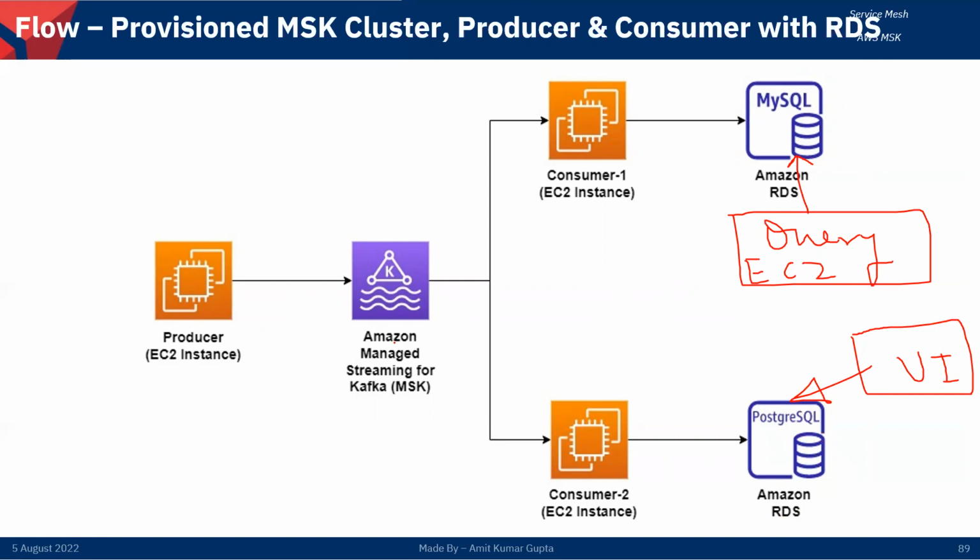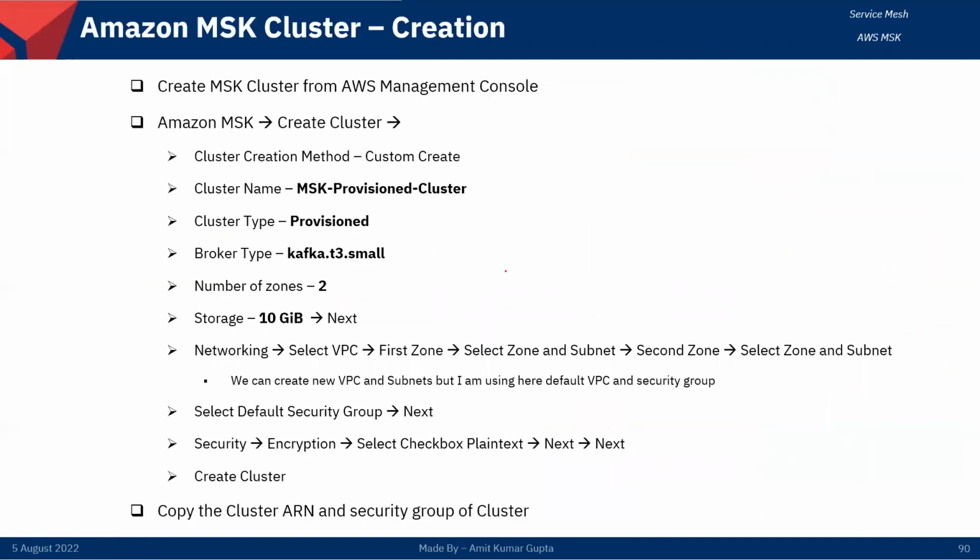So this video is quite long because we need to use multiple things here, so it will take time. Let us start. First, we need to create a cluster from the AWS management console, and I added the cluster name here.